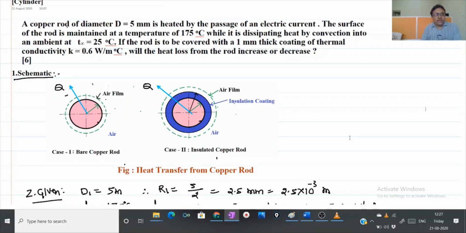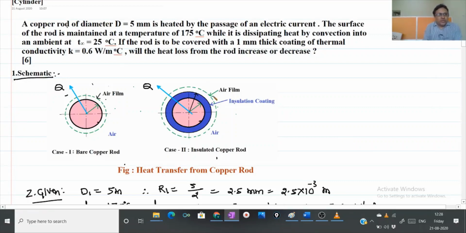The surface of the rod is maintained at a temperature of 175 degrees Celsius, while it is dissipating heat by convection into an ambient at T infinity 25 degrees Celsius. If the rod is to be covered with a 1 mm thick coating of thermal conductivity K 0.6 watt per meter degree Celsius, will the heat loss from the rod increase or decrease?